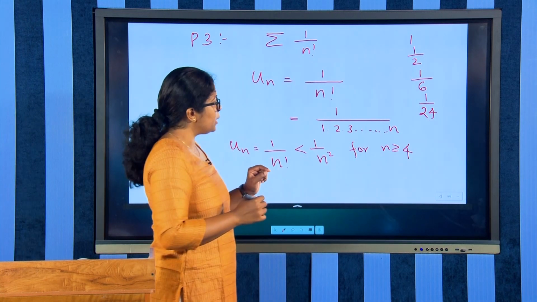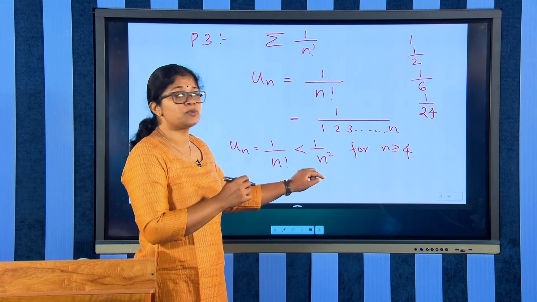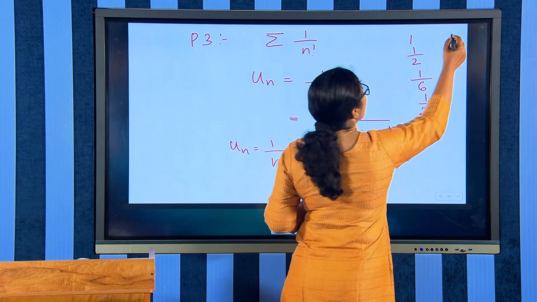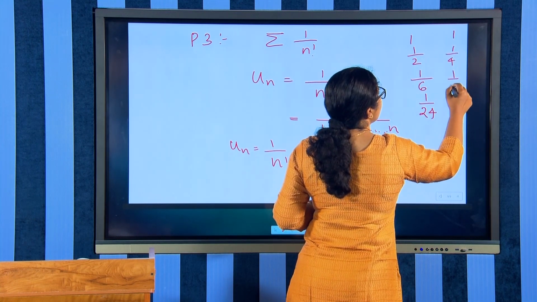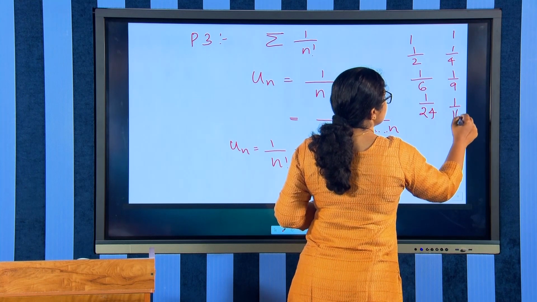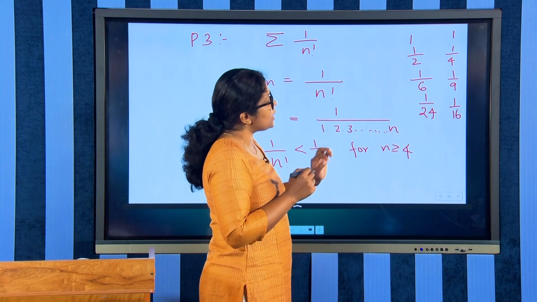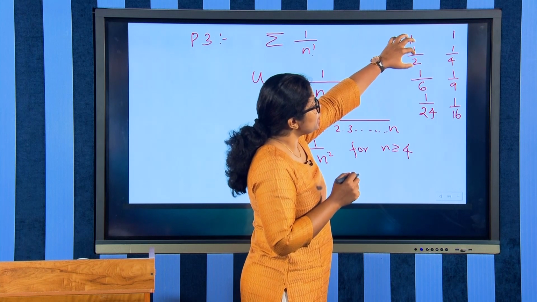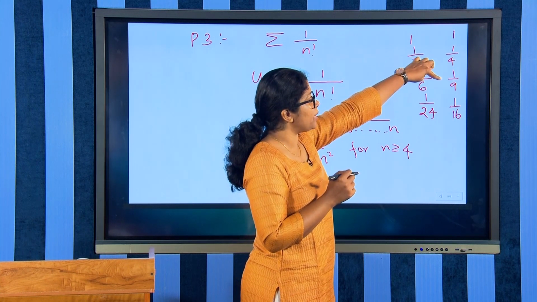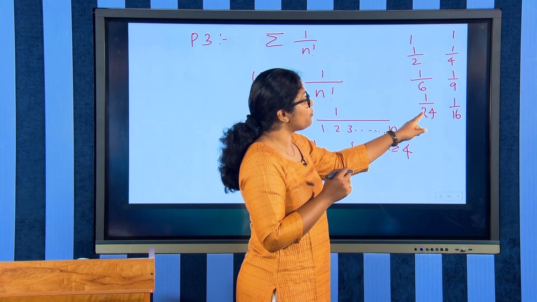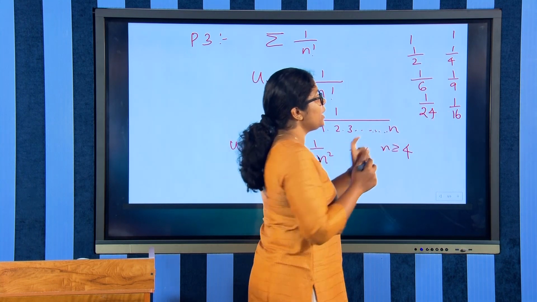So, writing the corresponding terms 1 upon n square, you can have 1, 1 by 4, 1 by 9, 1 by 16. So, you can see that 1 by 2 is greater than 1 by 4, 1 by 6 is greater than 1 by 9, but 1 by 24 is less than 1 by 16.